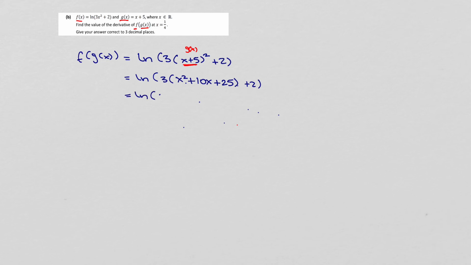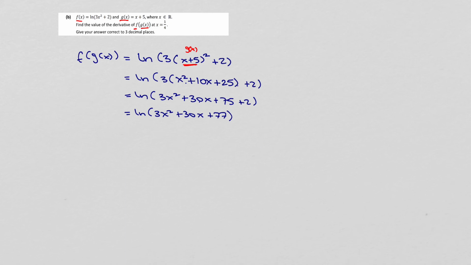So always remember your BEMDAS rule, the order of operations. So we have 3x squared plus 30x plus 75, and then that's plus 2. So of course then that simplifies down to give me natural log 3x squared plus 30x plus 77.